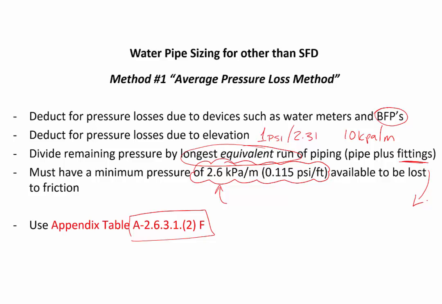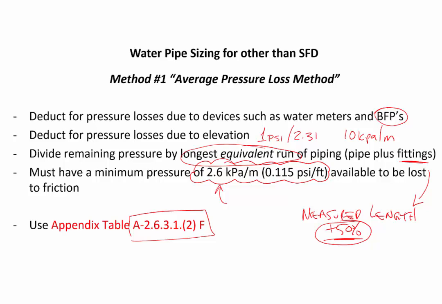Just touching on the longest equivalent run again, the rough rule is that measured length is taken for the system and then we add 50% of that measured length to accommodate all the fittings that may be in the system. That may be too much, it may be too little. Worst cases are usually what should be entertained. Some streamlined copper fittings, for example, may not require that much additional length to be added to the measured length of the system.